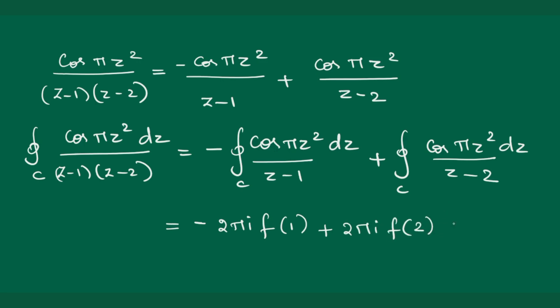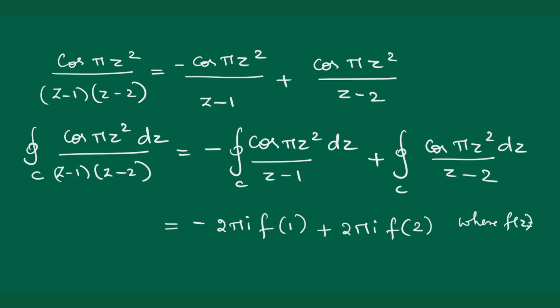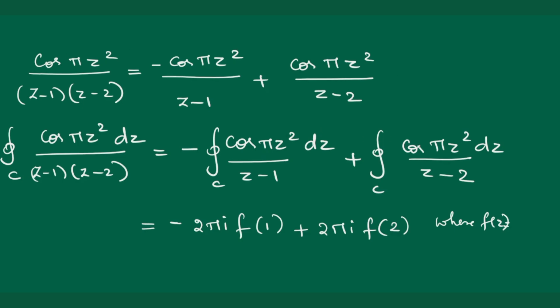So it should be f of 1 and f of 2, where f of z is nothing but cos pi z square. Since f of z is equal to cos pi z square, we want the values of f of 1 and f of 2.